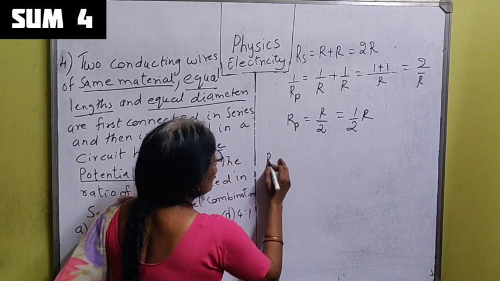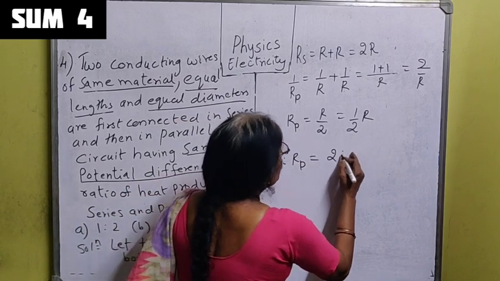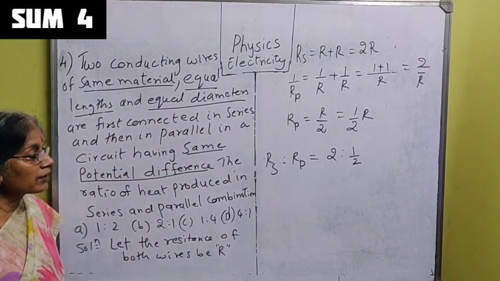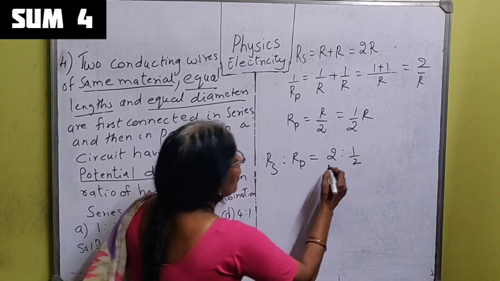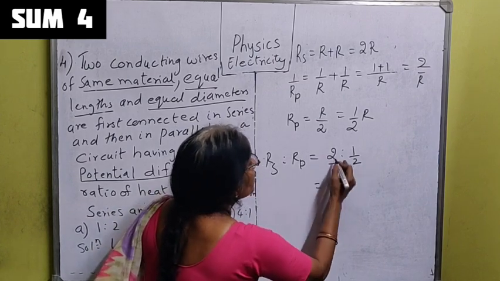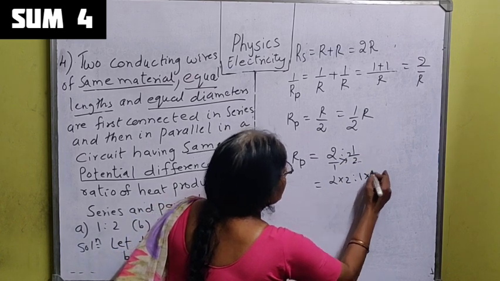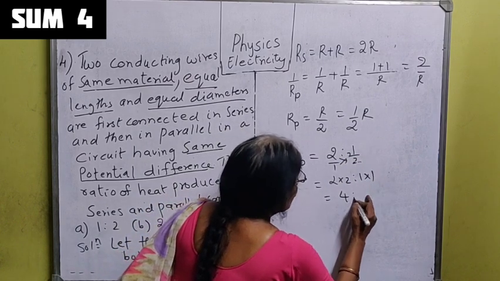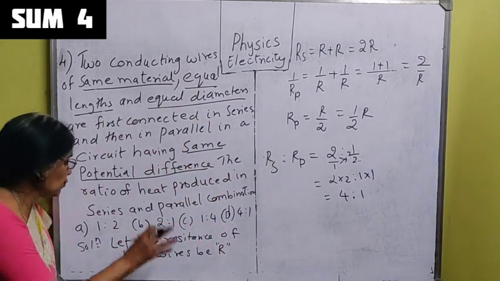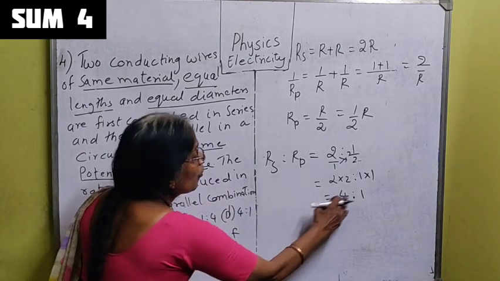So the ratio of Rs to Rp will be equal to 2 is to half. Cross multiplying, we get 2 into 2 is to 1 into 1, which is equal to 4 is to 1. So the heat produced in series and parallel combination will be 4 is to 1.